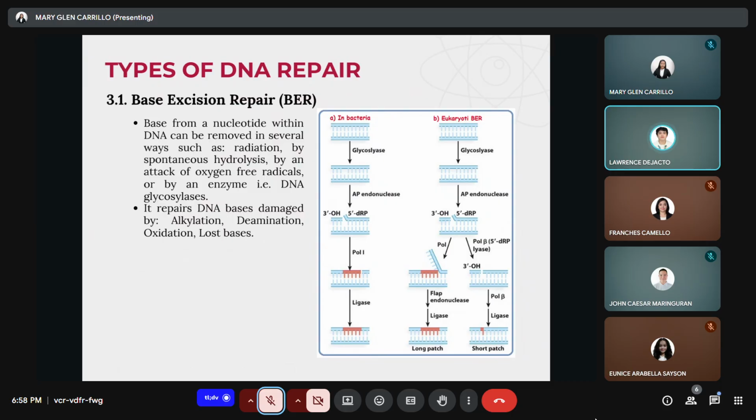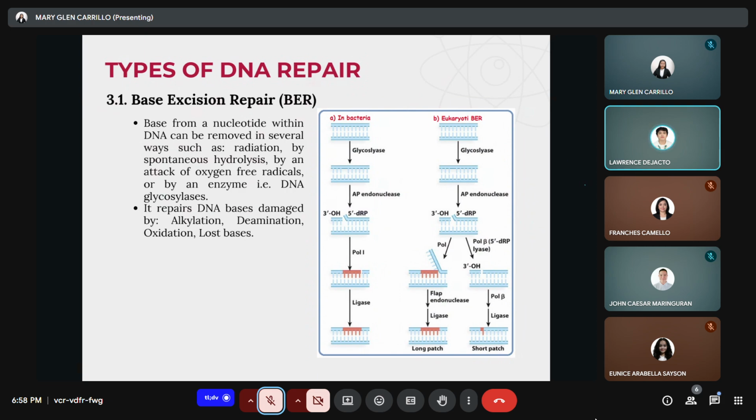The DNA polymerase then inserts a nucleotide at the AP site. The lyase, or the phosphodiesterase, then removes the base-free nucleotides. Then the DNA ligase closes the nick.